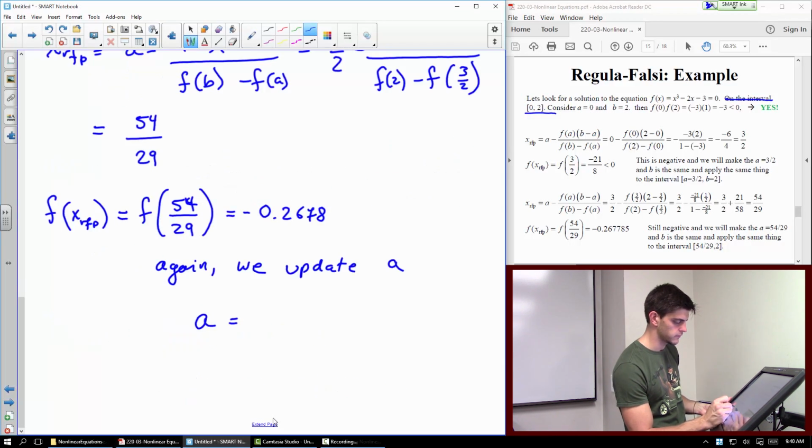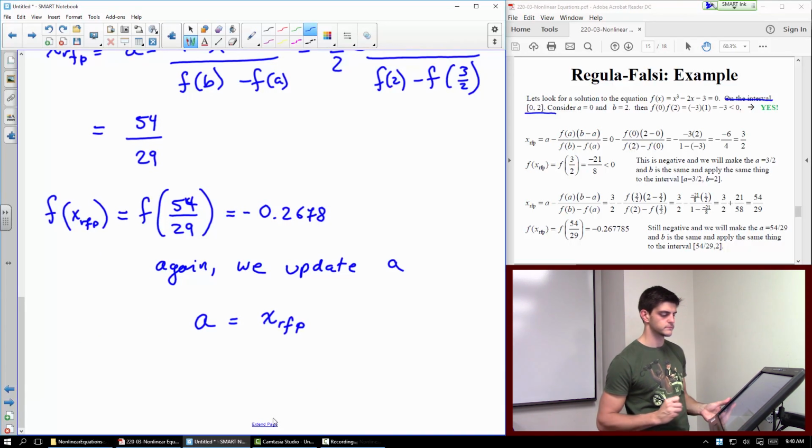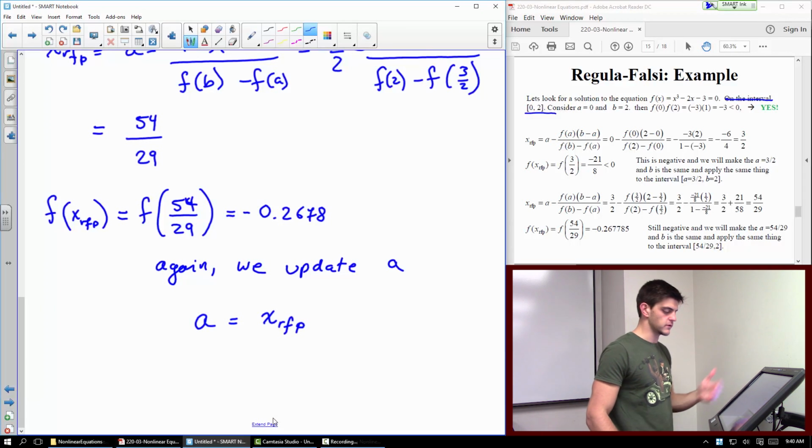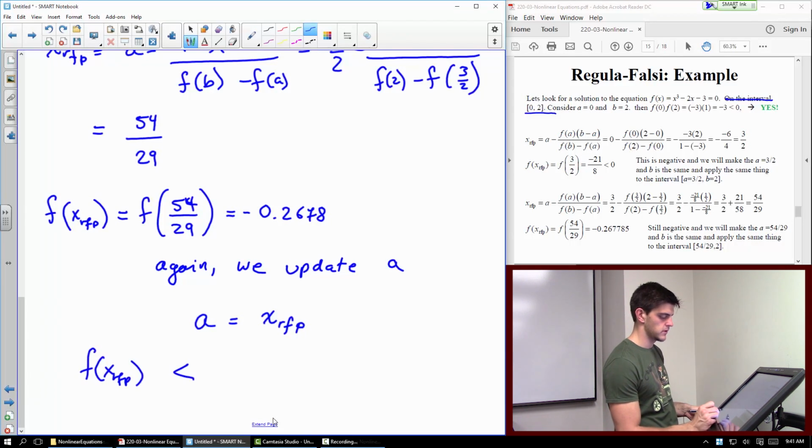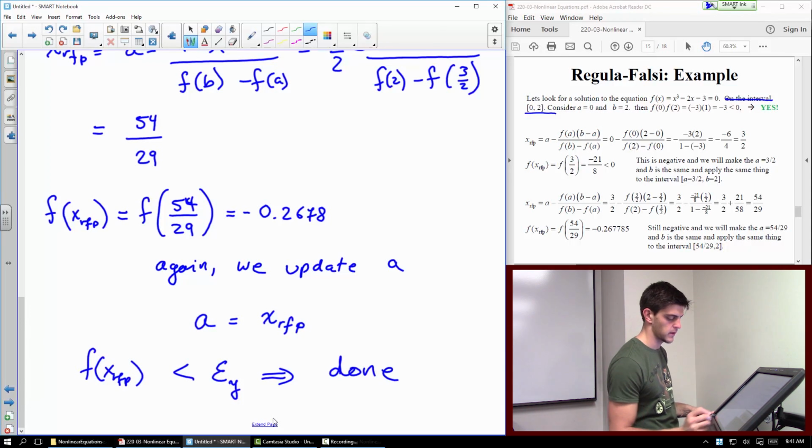A equals x r f p. And you continue doing this over and over again until, again, f of x r f p at some point is going to drop below your error criteria, your error tolerance. And so when that happens, you're done.